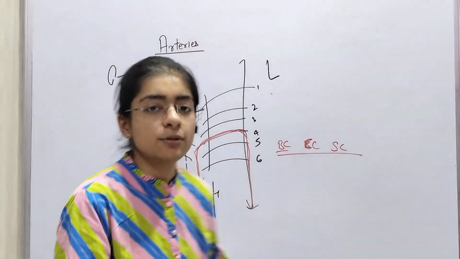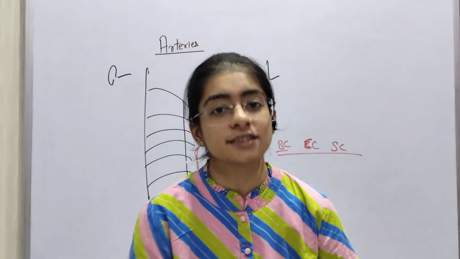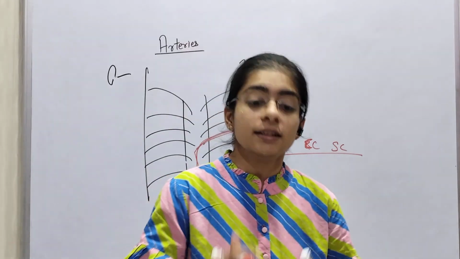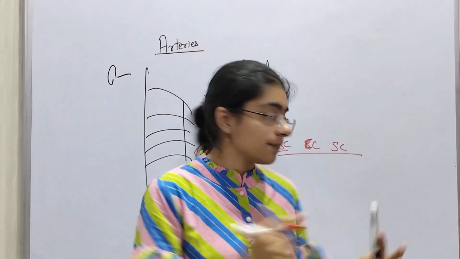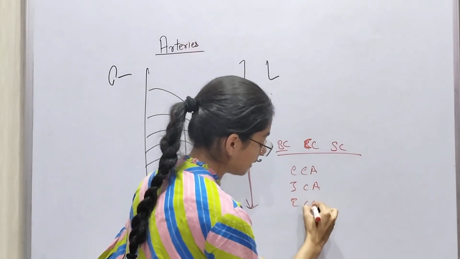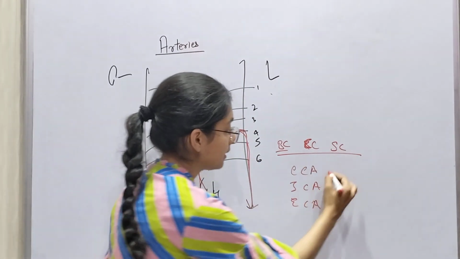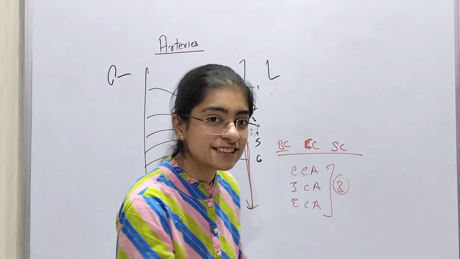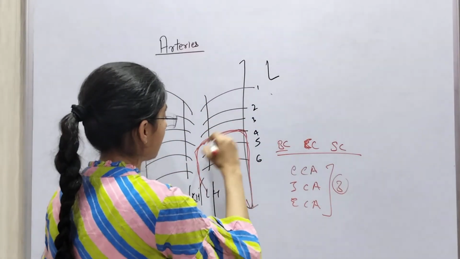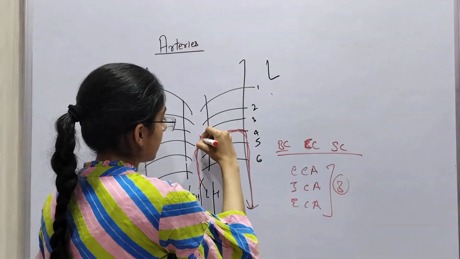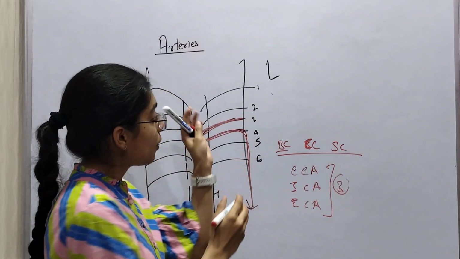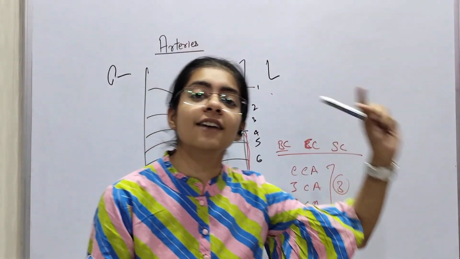The common carotid gives 2 branches. Name them: external carotid and internal carotid. So the common carotid artery, ECA and ICA, these are 3 in number. Which pharyngeal arch? The 3rd pharyngeal arch. You are on the right track. From this arch of aorta, we are connecting to the 3rd pharyngeal arch, and on the 3rd pharyngeal arch only we are having a bud.